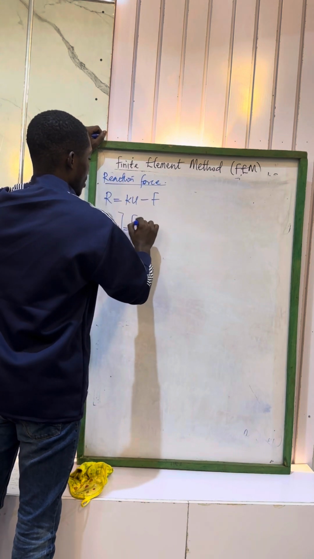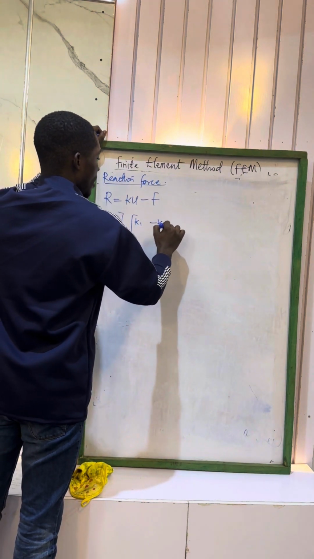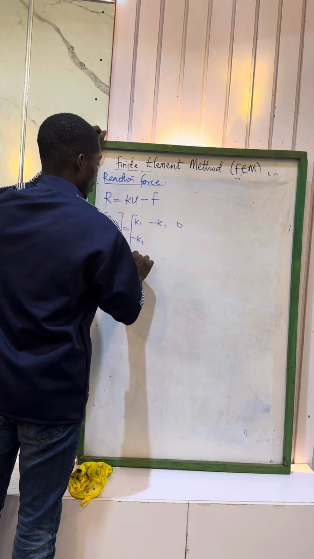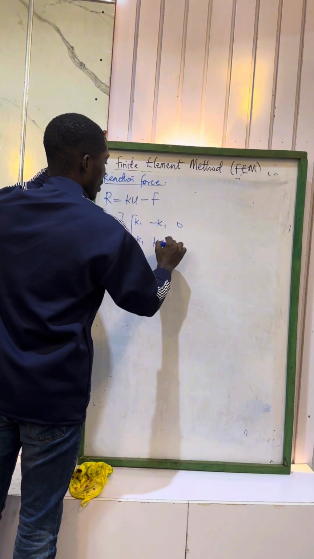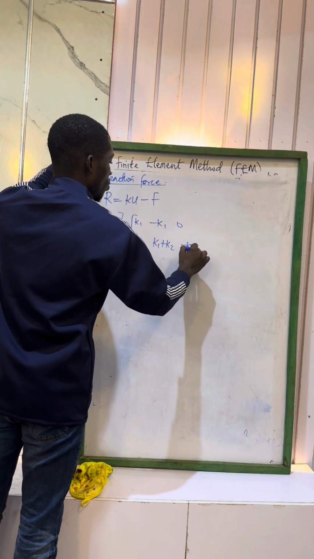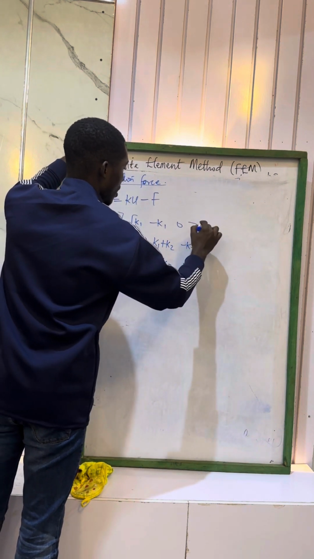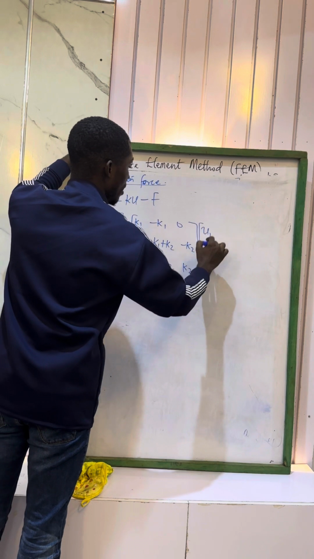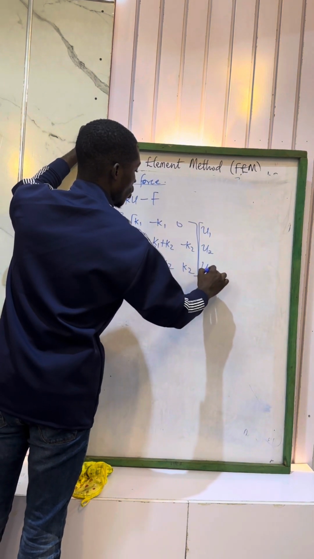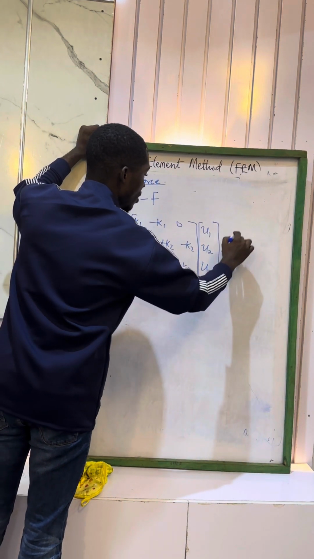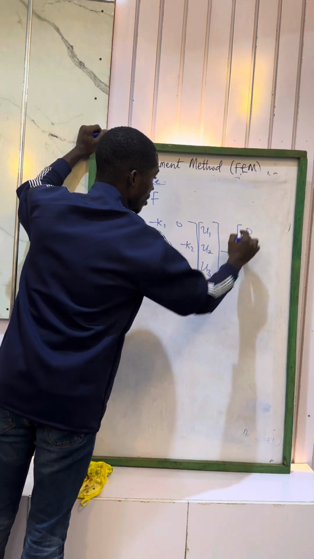So this will be K1, minus K1, 0; minus K1, K1 plus K2, minus K2; 0, minus K2, K2. Then this will give us, the U will give us U1, U2, U3, then minus our individual forces, which is 0.